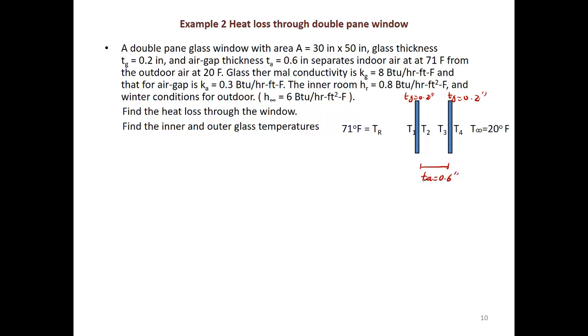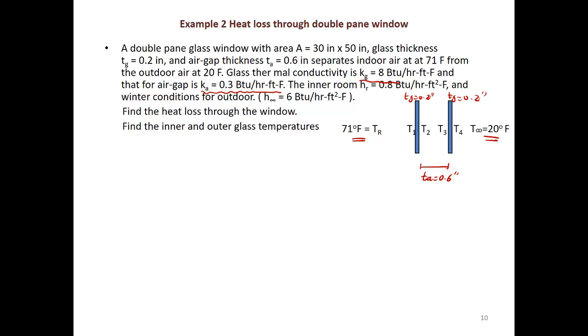It separates the indoor air from the outdoor, so the outdoor is at 20 degrees Fahrenheit, the room temperature is at 71 Fahrenheit. The thermal conductivity of the glass, K glass, is 8, and that for the air gap is 0.3. So those are the thermal conductivities.